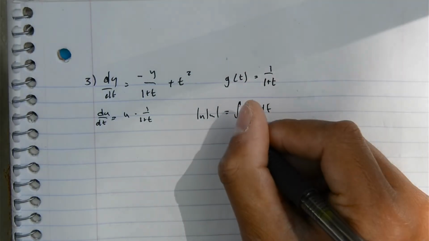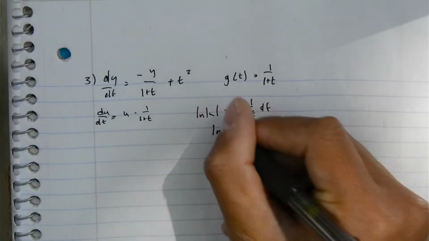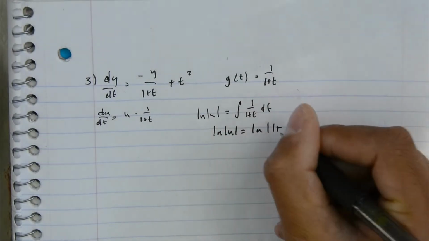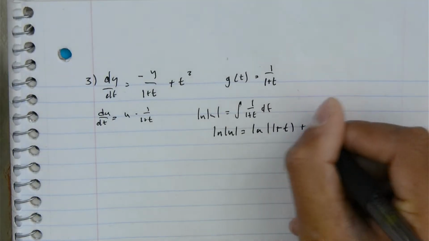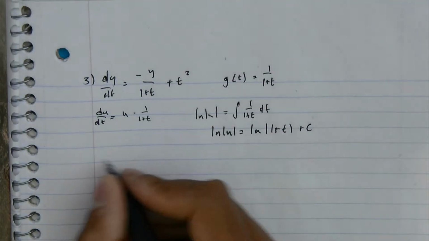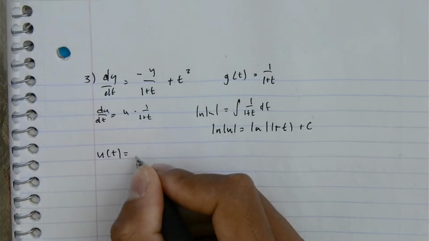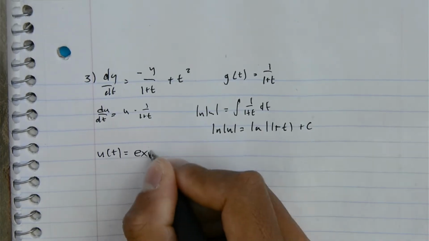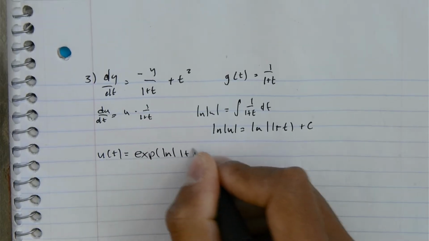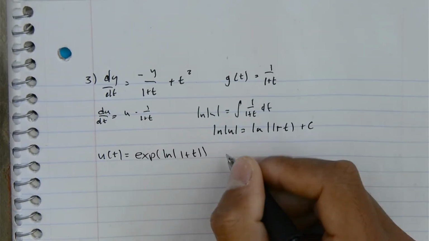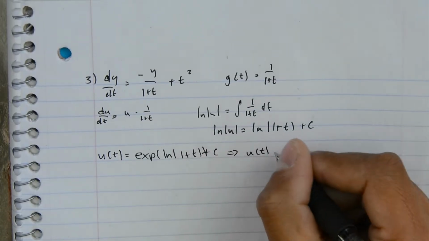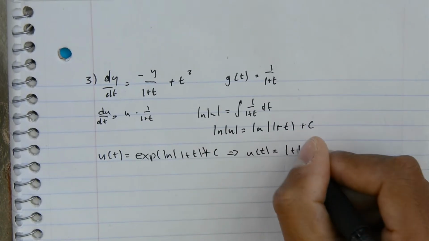I'm pretty sure that this is just ln u is equal to ln of 1 plus t. So then u of t becomes exp of ln of 1 plus t, which just becomes u of t is equal to 1 plus t plus c.